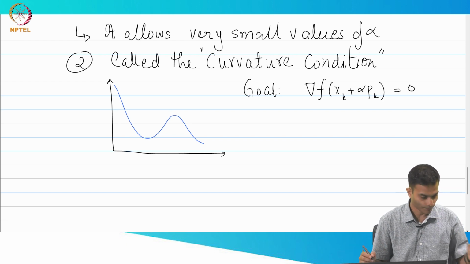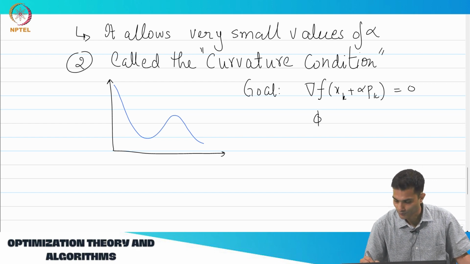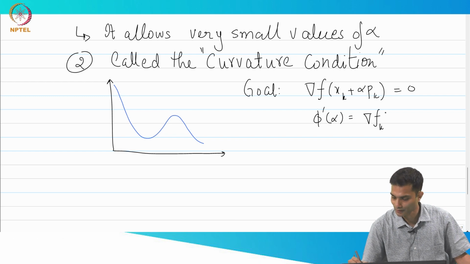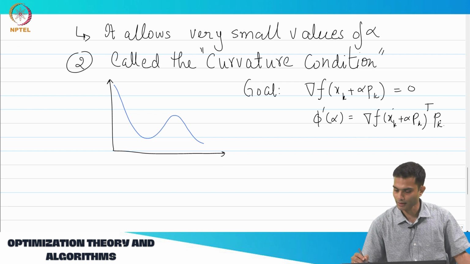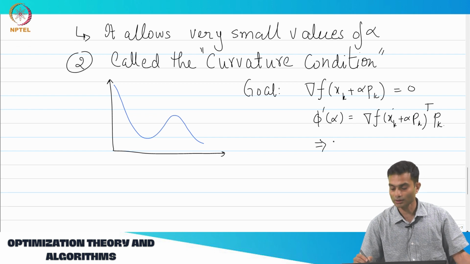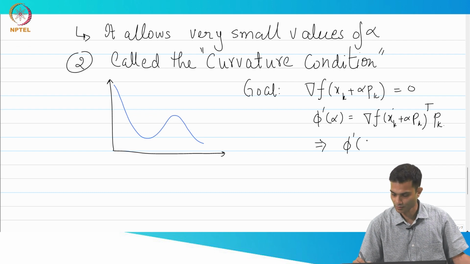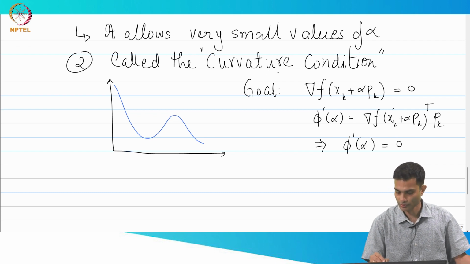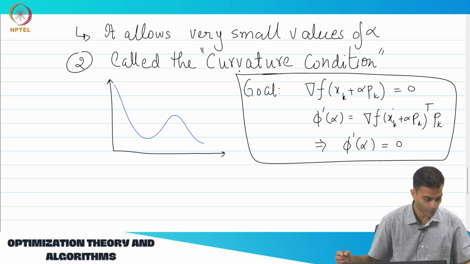And we know that phi dash of alpha is grad f of xk plus alpha pk, transpose with pk. So, therefore, another way of writing the goal is phi dash alpha equal to 0. This is just revision. This is the goal that we want to arrive at.